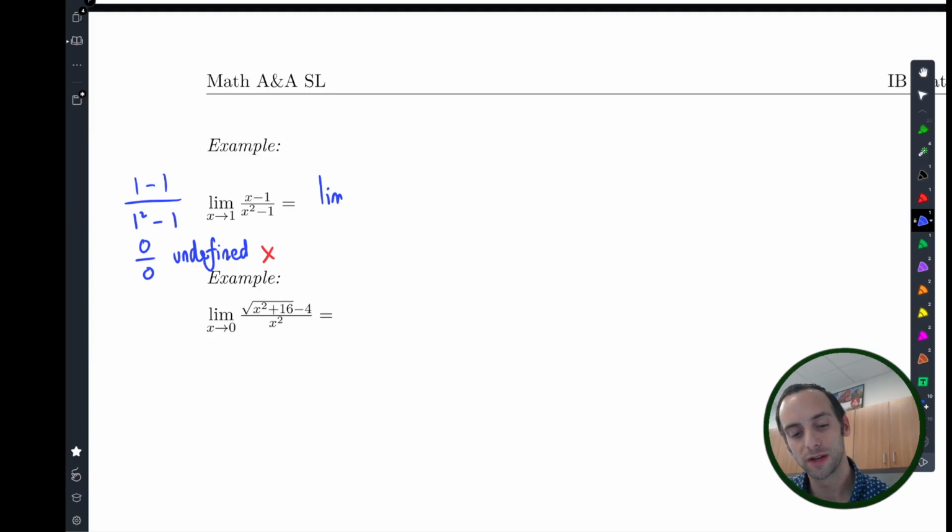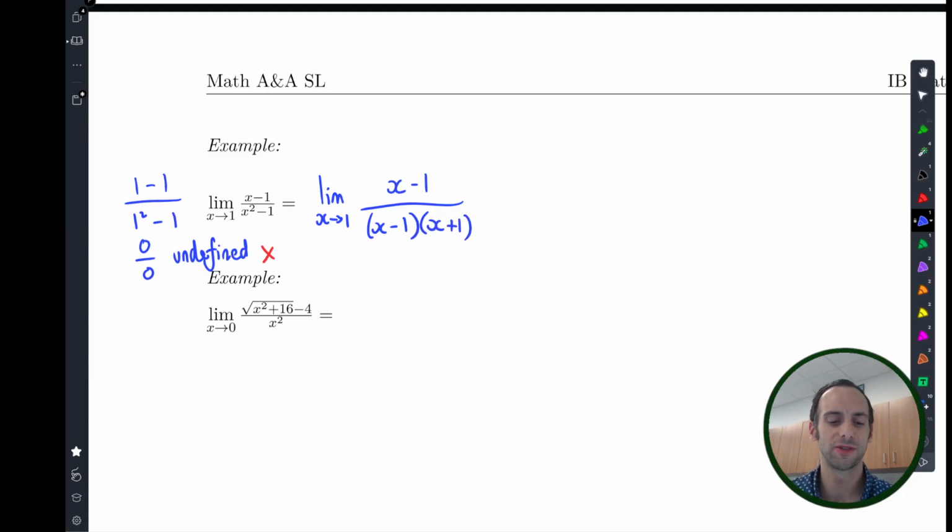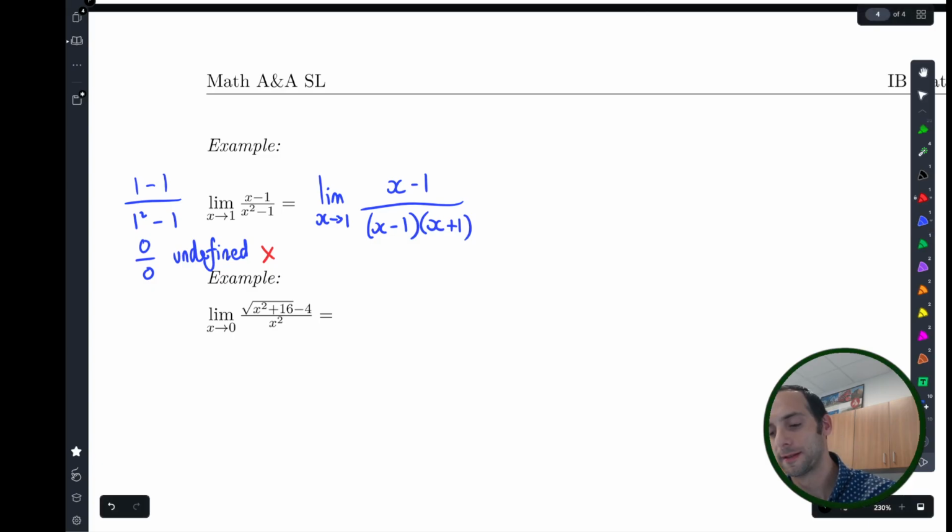We'll keep the limit here until we substitute it in. So limit as x approaches 1. And then hopefully you recognize the denominator is the difference of 2 squares, so we can factor it as x plus 1, x minus 1. Now, these factors cancel most of the time. What do I mean by that?